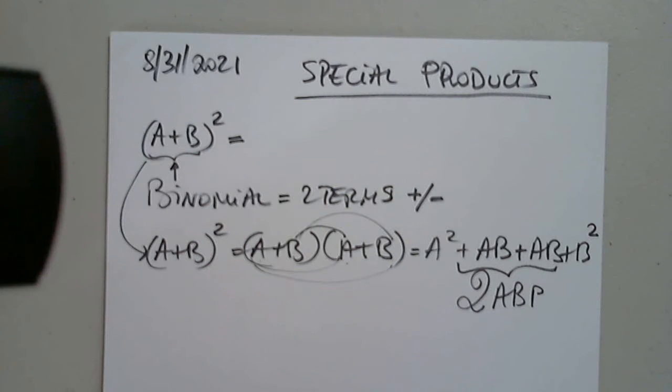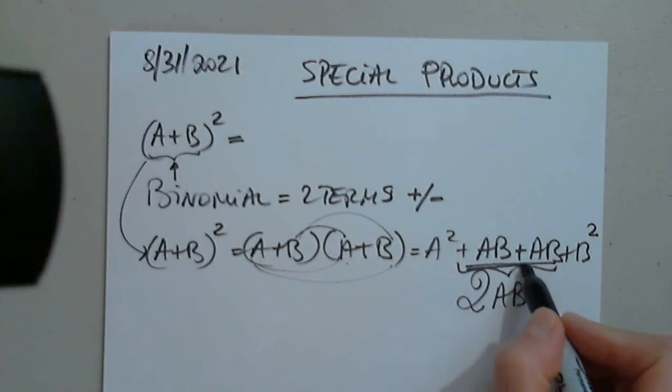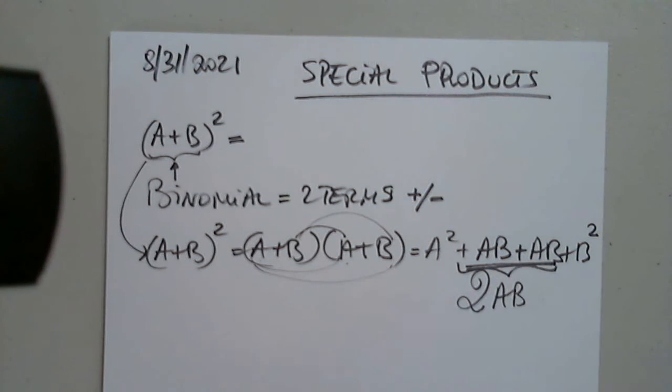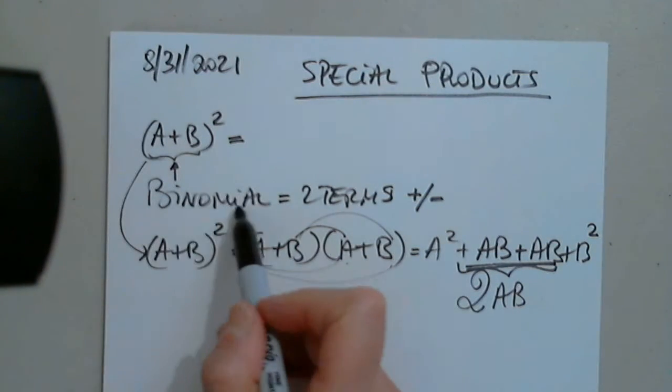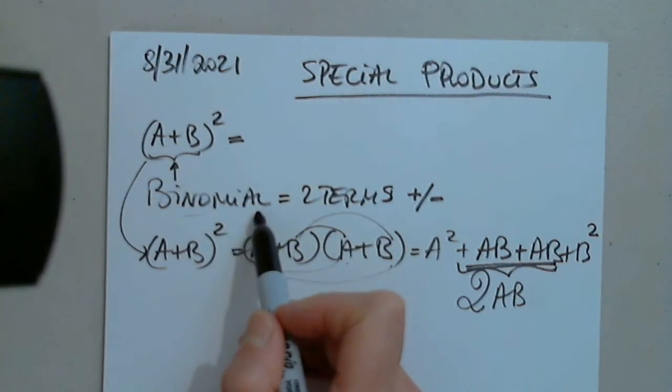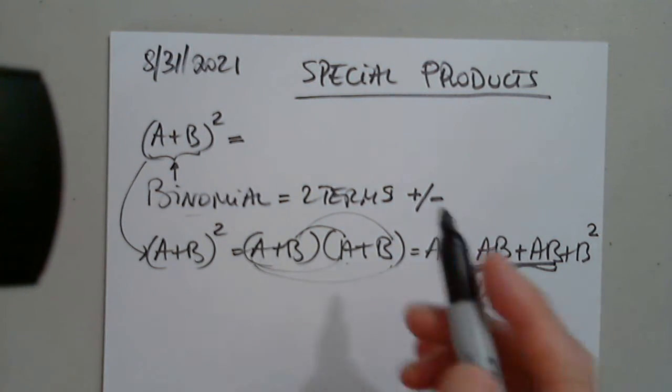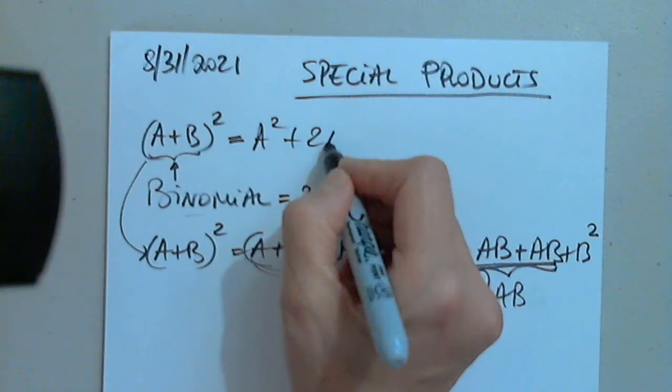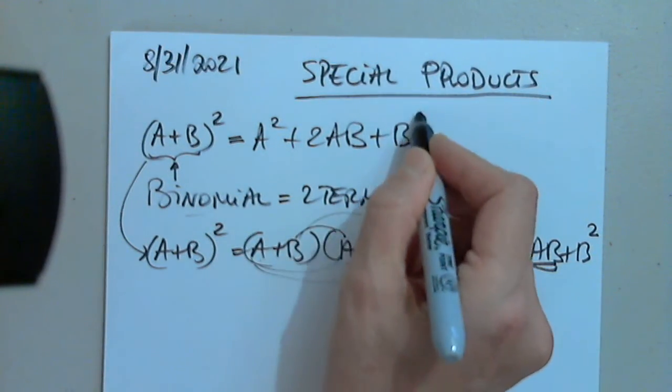Because I have all the time in the middle of the semester some student says, where is the 2 coming from? Well, the 2 is coming from the fact that these two are like terms, and we add them, we get 2. So a binomial squared will always give us a trinomial: A squared plus 2AB plus B squared.